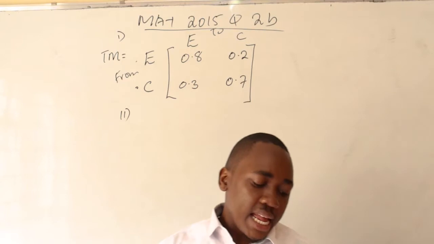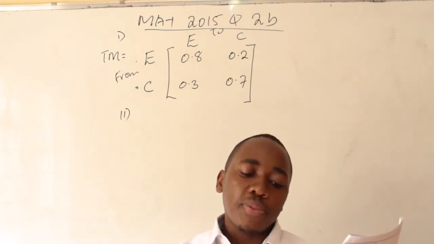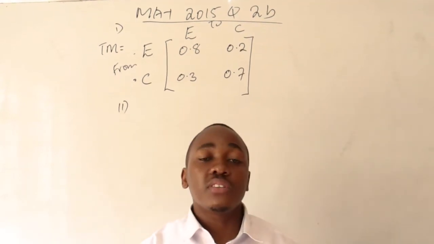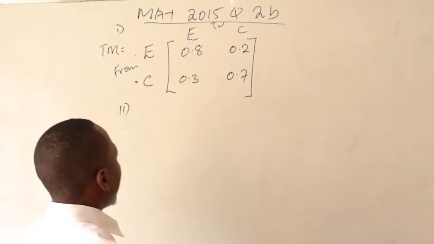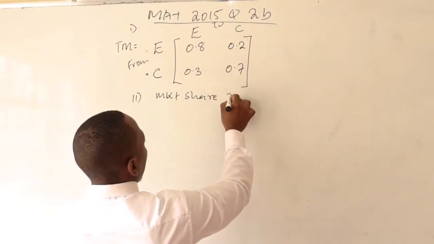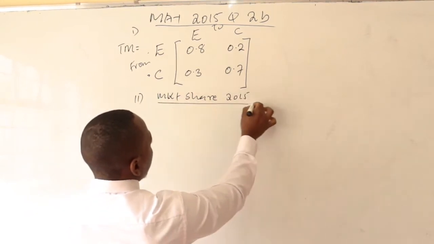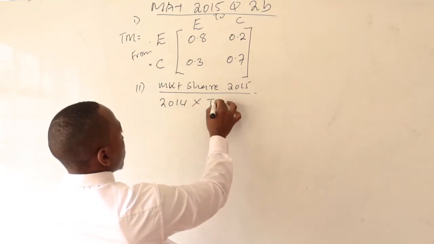Number 2: you are supposed to determine Excellent Computer Limited's market share as at 1st December 2015. To get the market share for 2015, you take 2014 and multiply by the transition matrix.